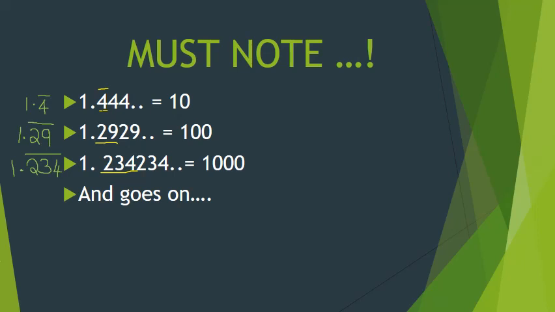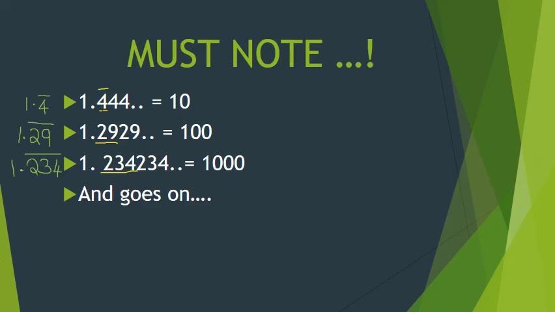And the third example is 1.234234. Here 2, 3 and 4 are the numbers which are repeating, so I'll write it as 1.234 with a bar on top of whichever numbers are repeating. So these 2 points must be observed while converting a decimal into a fractional form.